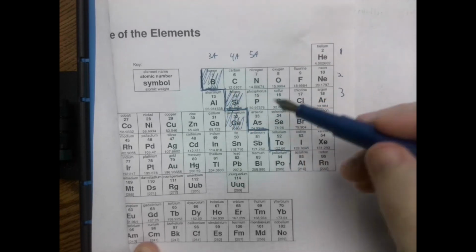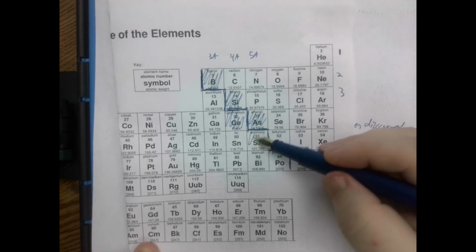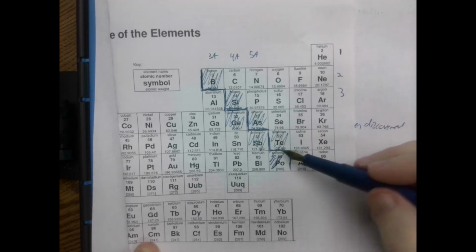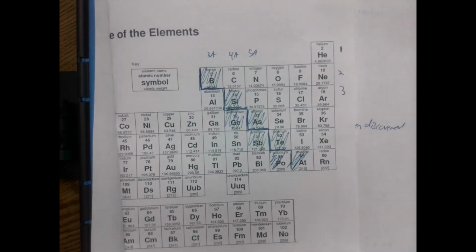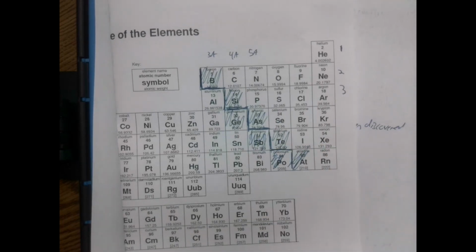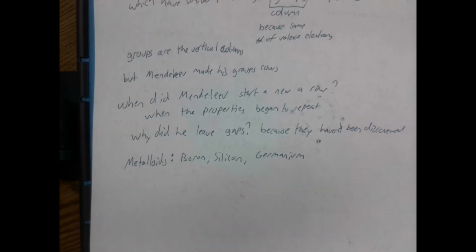Silicon, germanium, arsenic, antimony, beryllium, and you can possibly do polonium and astatine. So you need to know which one's a metalloid and which ones aren't.